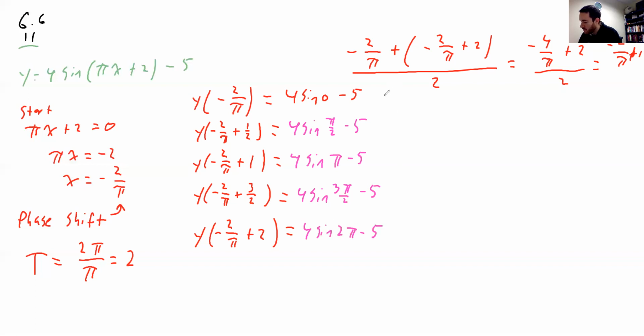Just like we drew it up. Okay, consulting the unit circle that you now have in your brain, the sine of 0 is 0. 0 times 4 is 0.